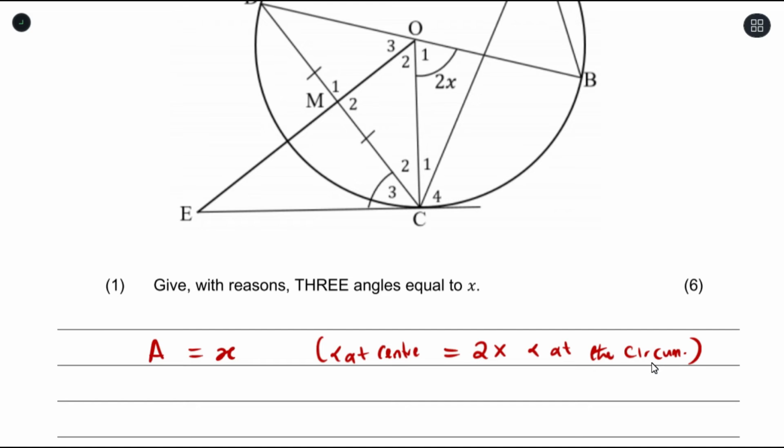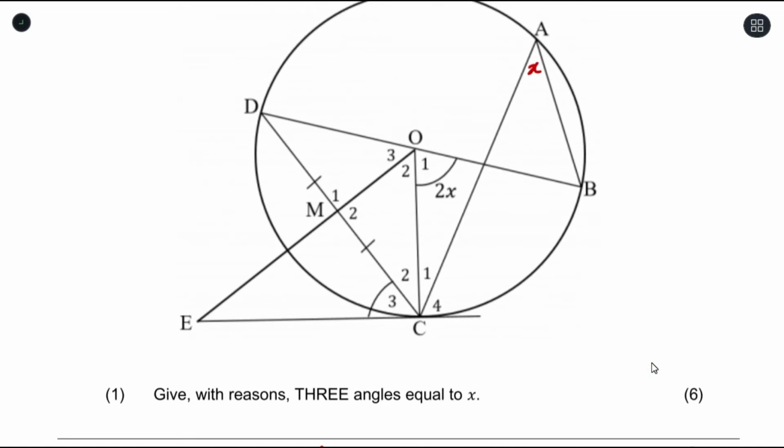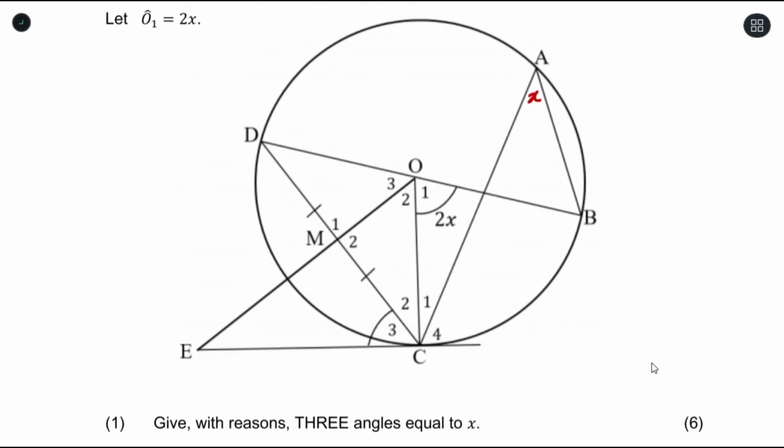That'll be your first answer. Now, another angle that is also equal to x is the bow tie, right? Remember the angles in the same segment? We would see that this D is equal to x, right? If you're not 100% sure, that's the bow tie, more or less.